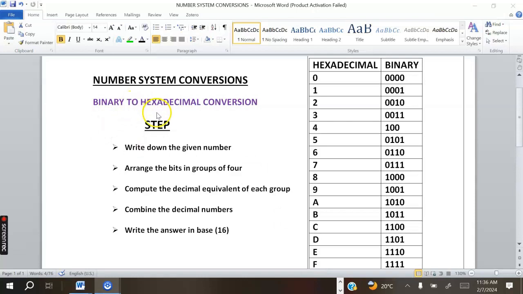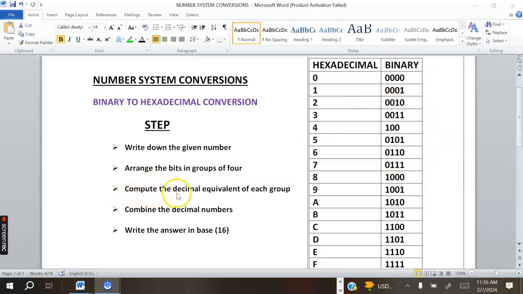So these are the steps that we take whenever we want to convert a binary number, that is 1 and 0, to hexadecimal, that is from 0 all the way to F. Step one, you write down the number. Step two, you arrange the bits in groups of 4. This is the most important part. As you can see, the bits are arranged in groups of 4.